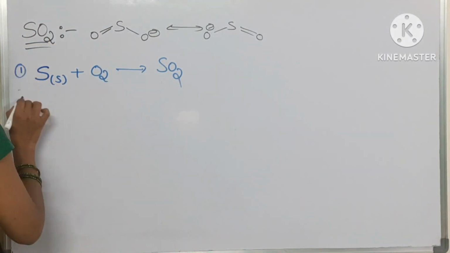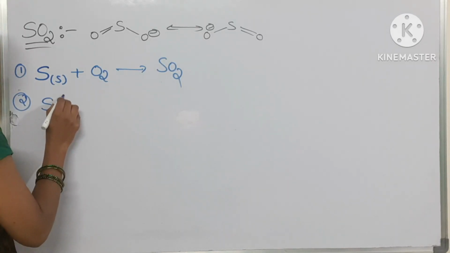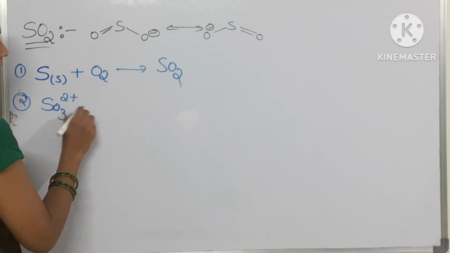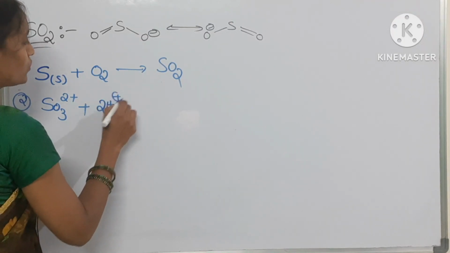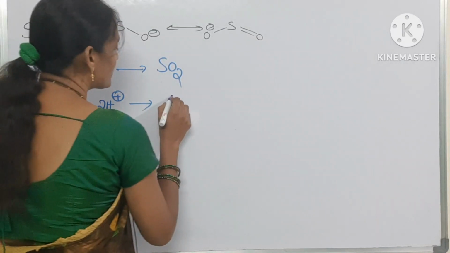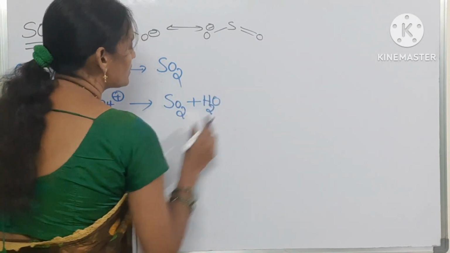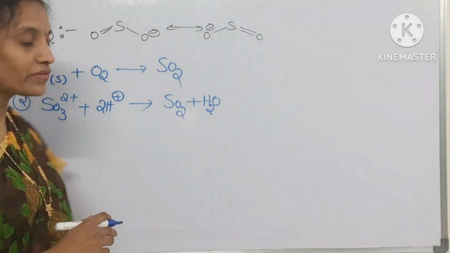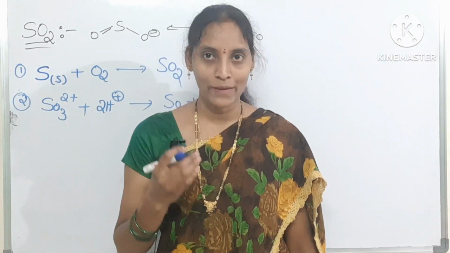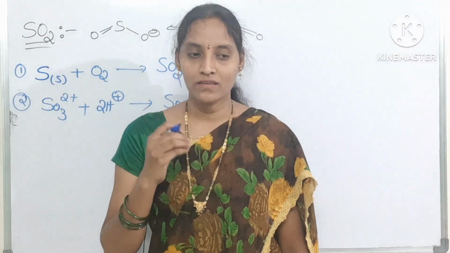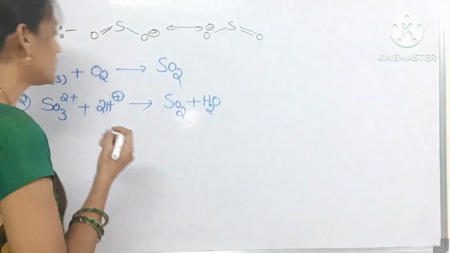And the second one: sulfite ions, SO3 2 minus, react with dilute sulfuric acid, and you will get sulfur dioxide and also water. Okay, this is another preparation method. Also, sulfur dioxide is one of the byproducts in ore extraction, especially iron ores.